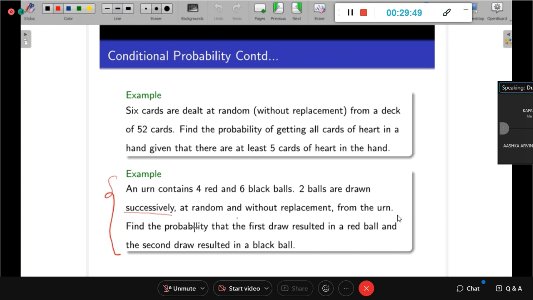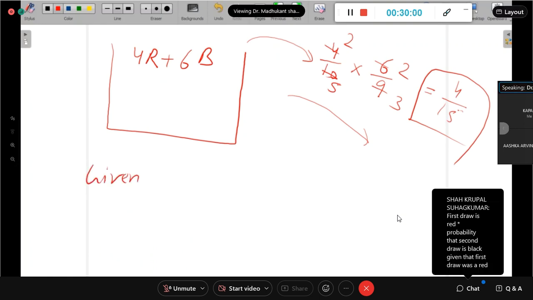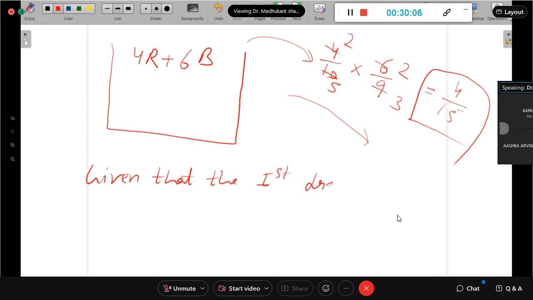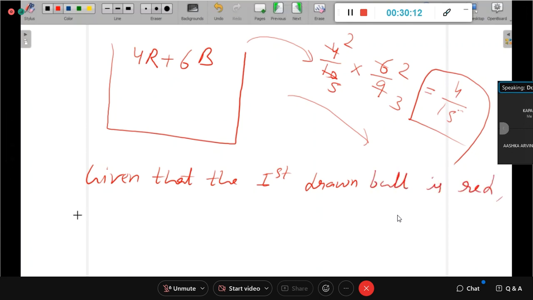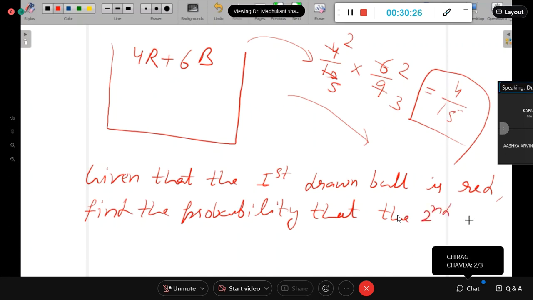I'm just reformulating this problem. Given that the first drawn ball is red, find the probability that the second drawn ball is black.